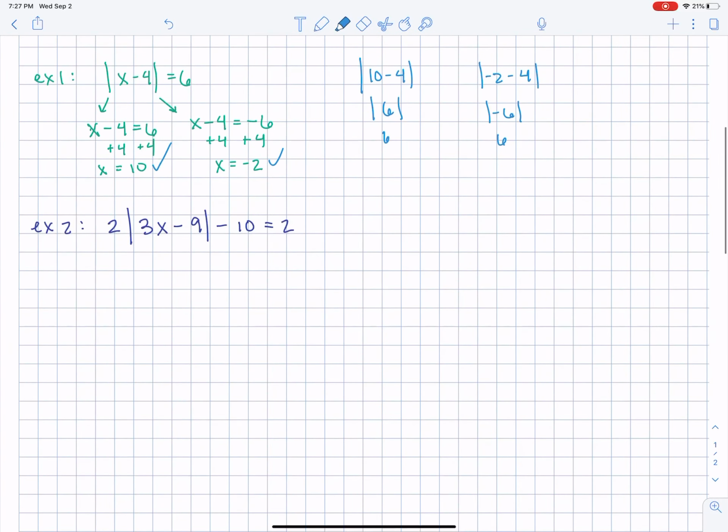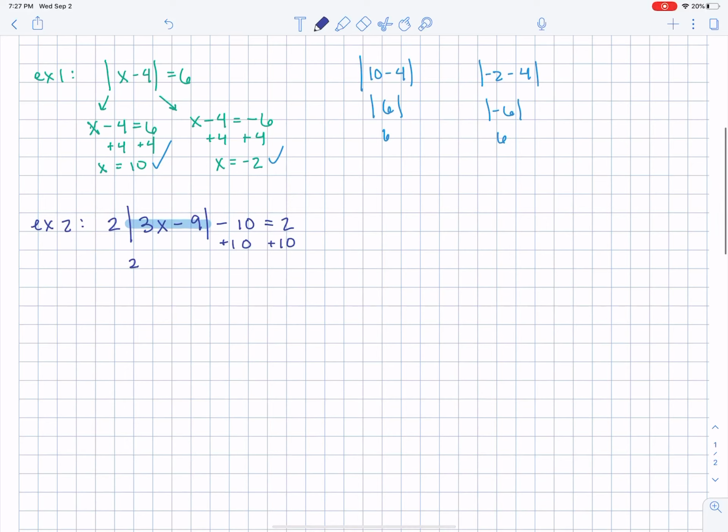I like to use my highlighter and just highlight the absolute value. I'm trying to get that by itself, and I need to use inverse operations to do that. So I'm going to add 10. That gets me 2 times the absolute value of 3x minus 9 is equal to 12.